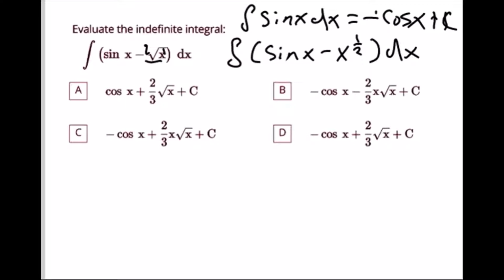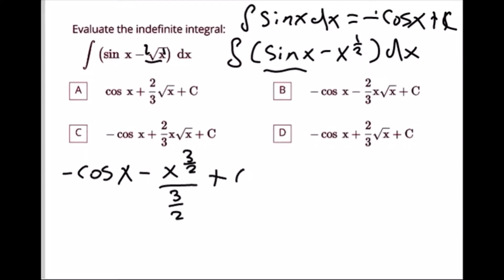For the first variable, we will apply the rule given, which is negative cosine x, and for the second variable we will use the power rule of integration. So we get minus x to the power 3 over 2 divided by 3 over 2 plus c. This is our answer, but as you can see in the options below, we can't find any answer that matches.